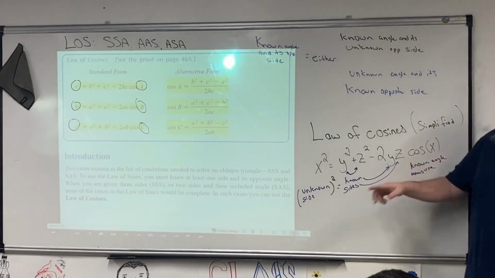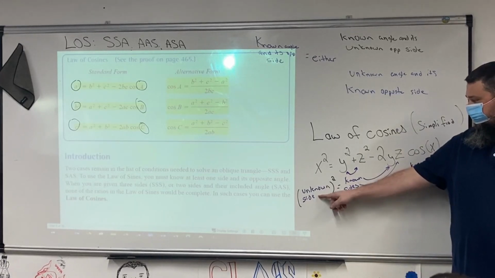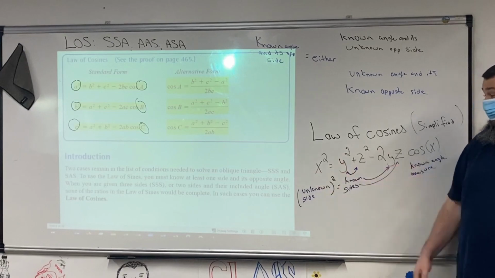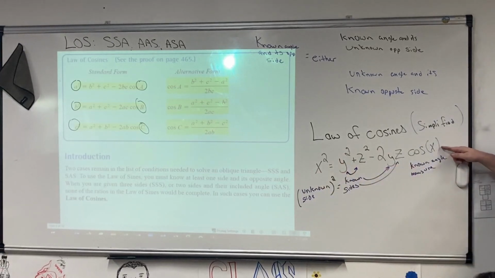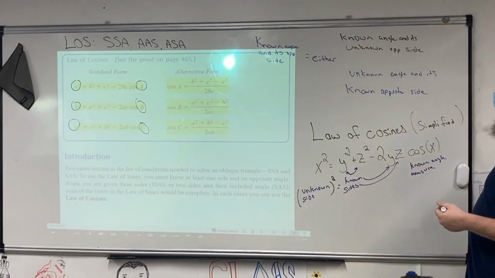And in purple, there's two cases. This is when my side is unknown. I have this as my x. This will be filled in with the angle that is opposite of my unknown side. If I cannot make this happen, I go to the law of sines instead. All right? This is why there are not restrictions, but why you just can't do these if you don't have enough information.